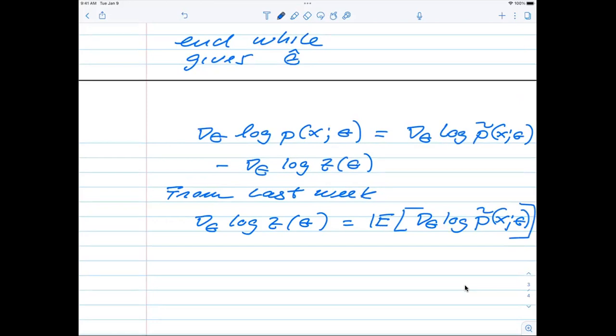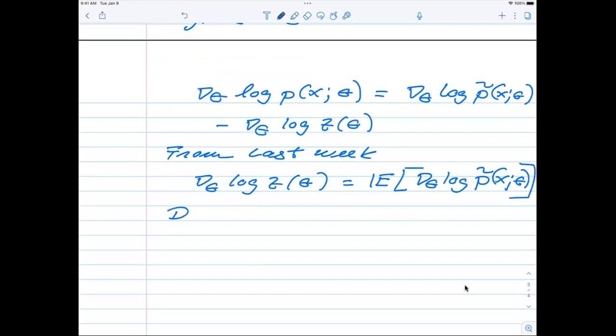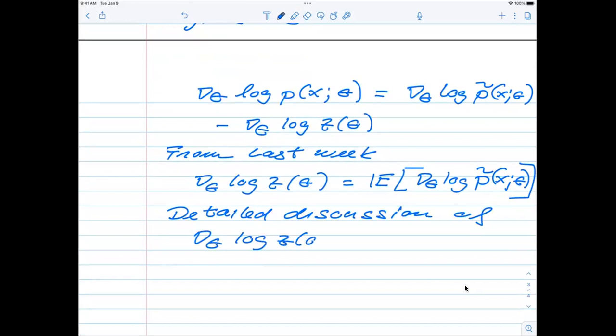So I'm not going to repeat everything here. You will also find a detailed discussion of these quantities, of how you calculate this quantity log Z of theta, in the textbook by Goodfellow et al., which I gave you the link to, in chapter 18.